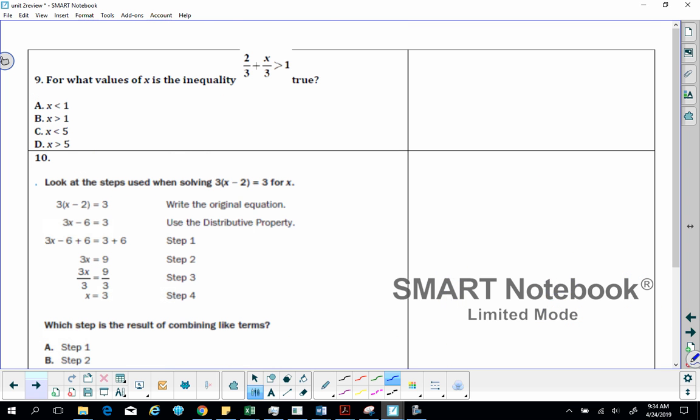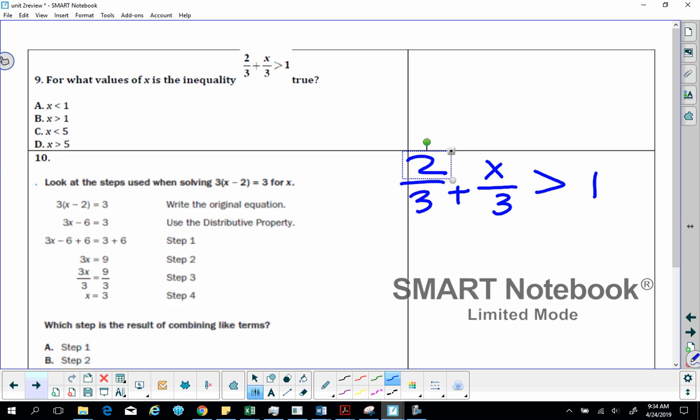All right, next one. 9. Does anyone need me to go over it? Next one's number 9 on the next page. Flip the page over. Does anyone need me to go over it? Tristan? Okay. So this one's 2 over 3 plus x over 3 is greater than 1. Now, usually we can plug it in, but now it's talking about inequalities.